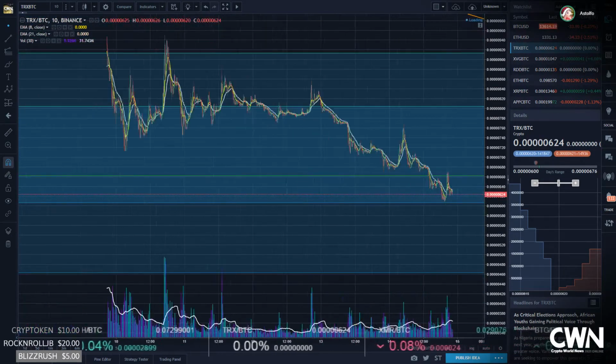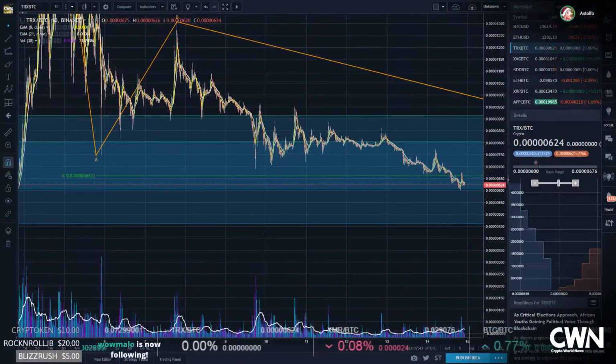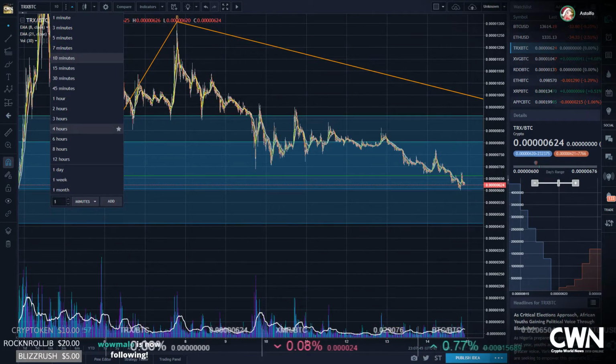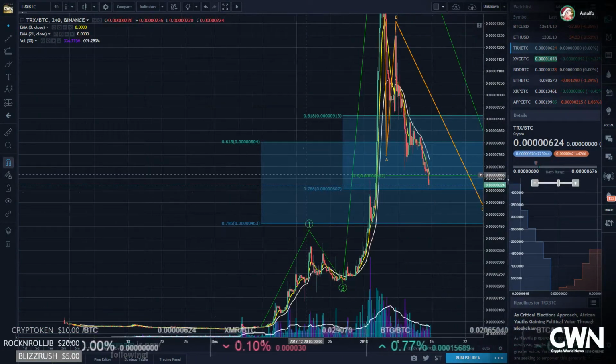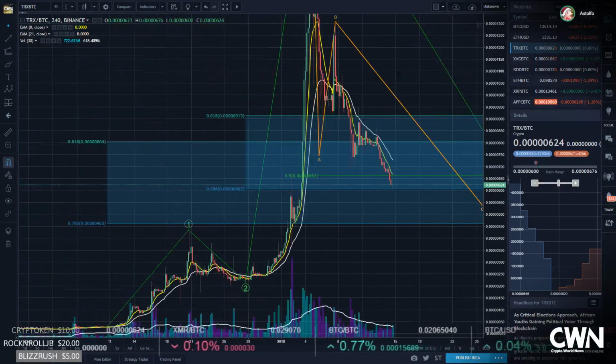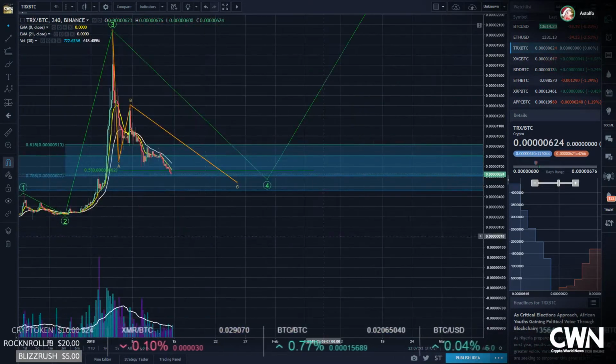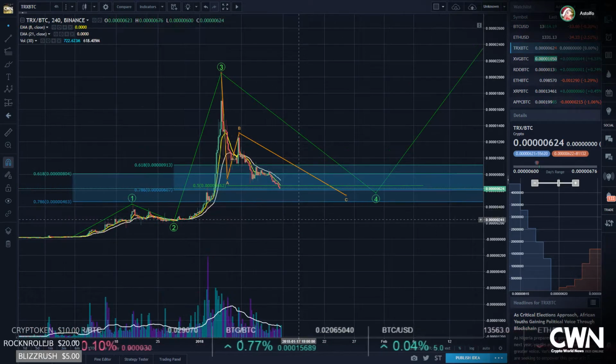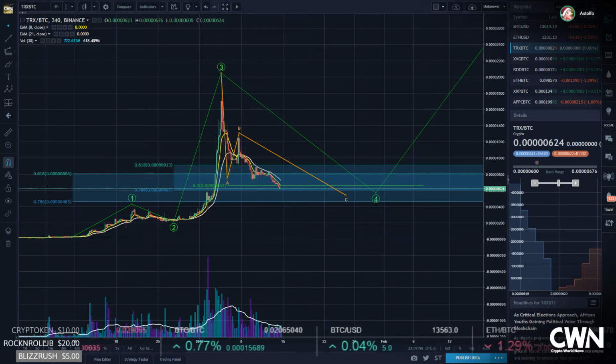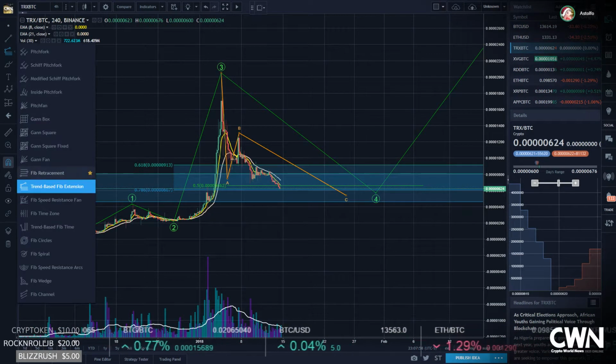I'm not sure. It does just still look corrective to me. Right now, I am counting it as a wave 4. And if it is a wave 4, let's pull some upside targets.